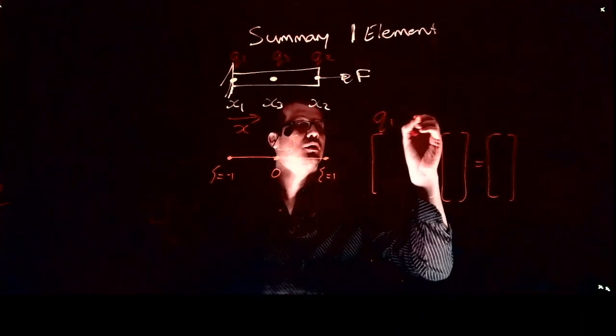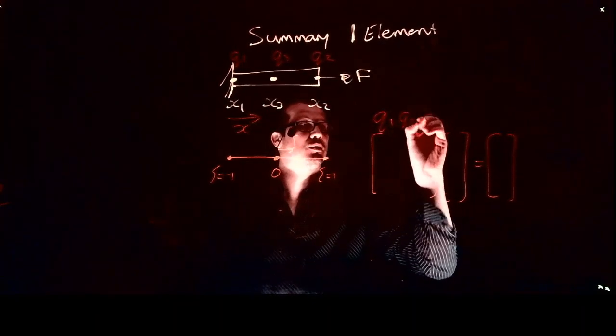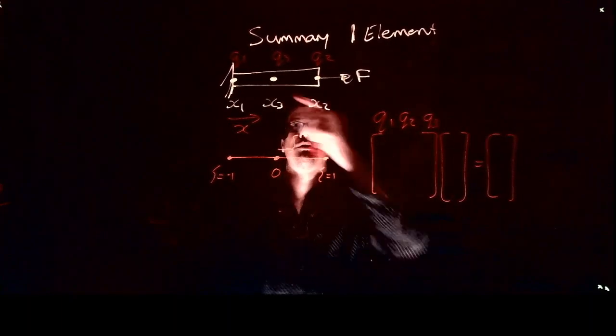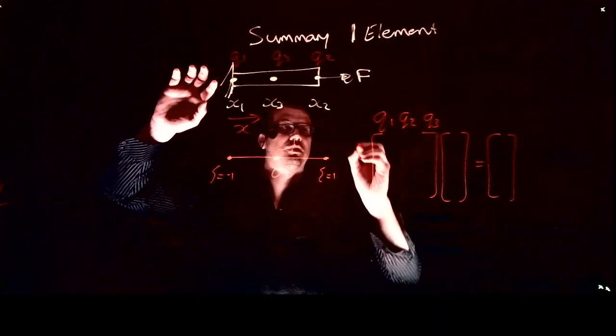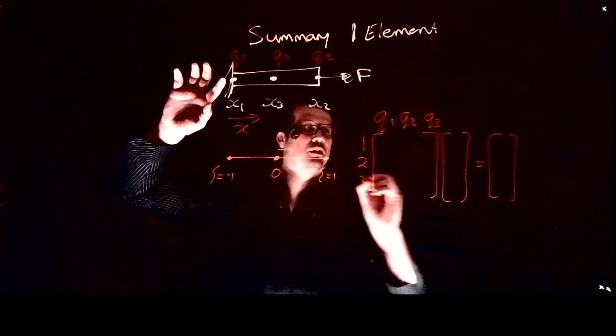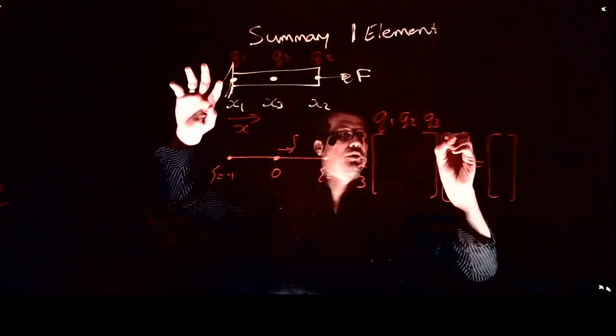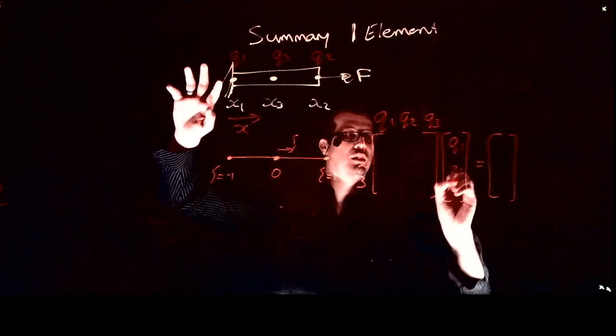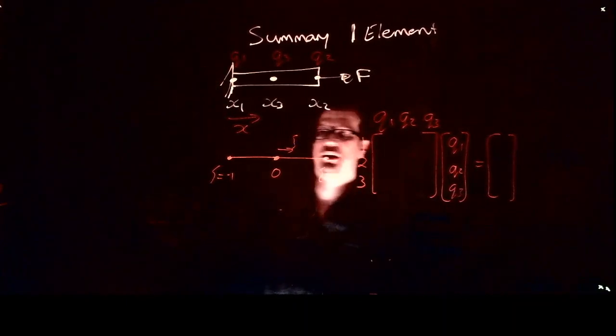And then this was the force balance at node 1, at node 2, and at node 3. Those were the forces that we had. These were the Q1, Q2, and Q3. So that's typically what we've done.